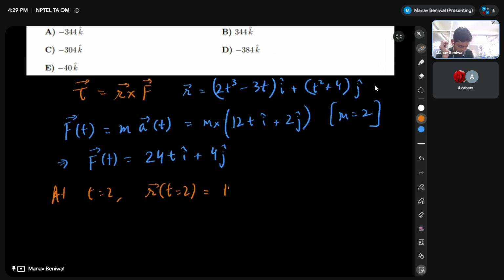So this will be 10 i cap. 2 squared is 4 plus 4, this is 8 j cap. Okay. And my force at t equals 2 will be 24 times 2 is 48. So 48 i cap plus 4 j cap.